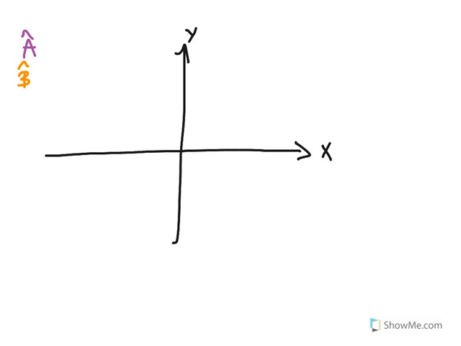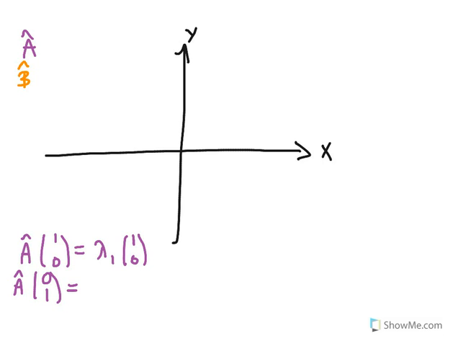Let's assume that the eigenvectors for A are as follows: A on my vector (1, 0) is equal to lambda 1 times (1, 0). And if I had A on (0, 1), this would be equal to lambda 2 times (0, 1).